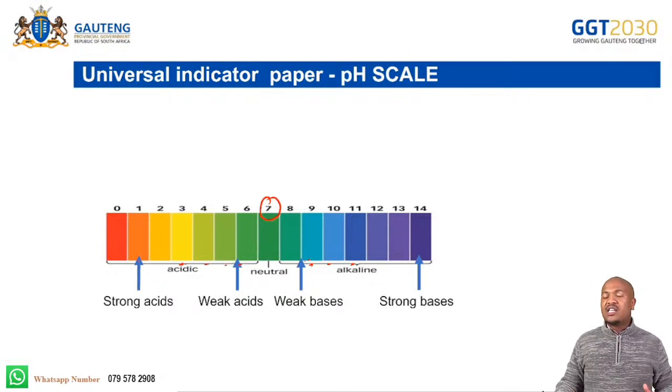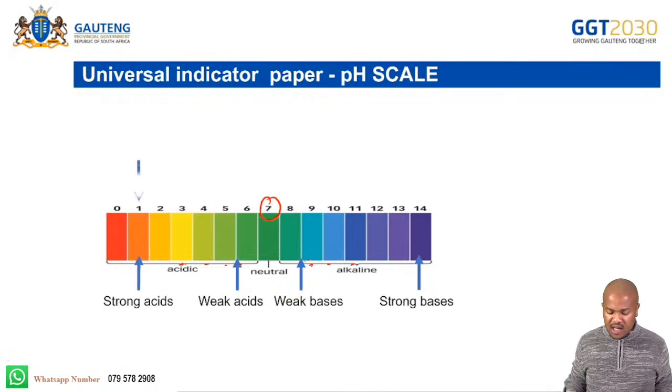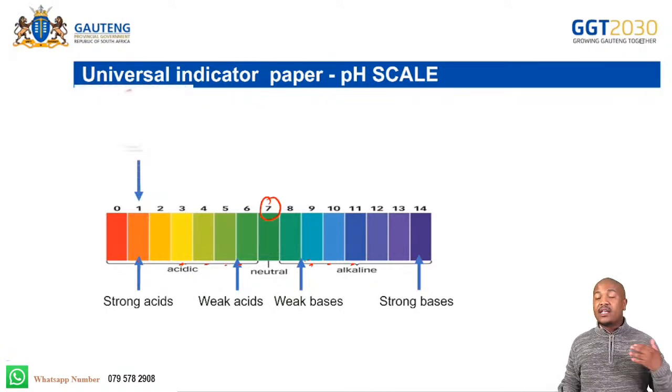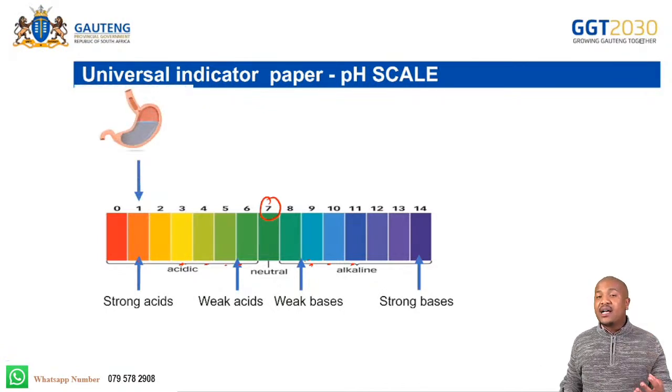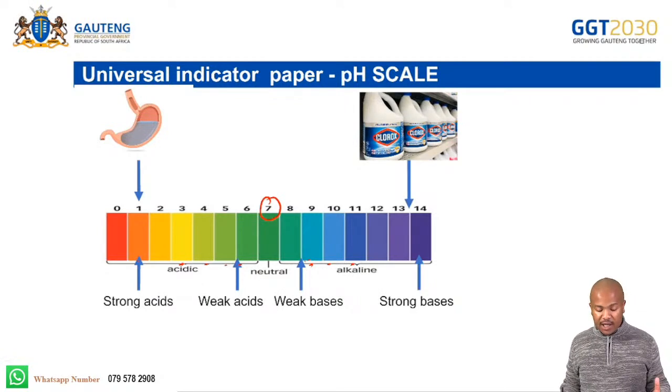So just to mention some examples of strong acids, strong bases, weak acids, and weak bases: for strong acids, we have acids such as hydrochloric acid, or the gastric juice in our stomachs. Then for strong bases, we have sodium hydroxide and bleach.